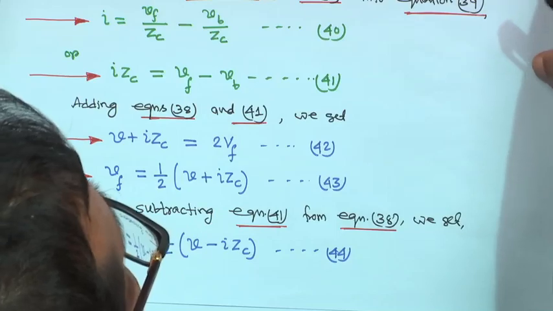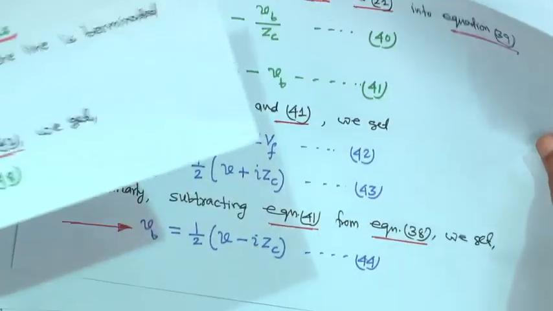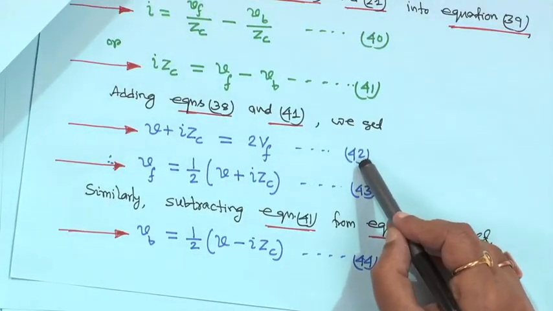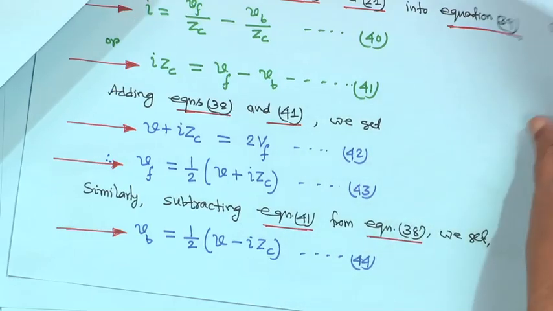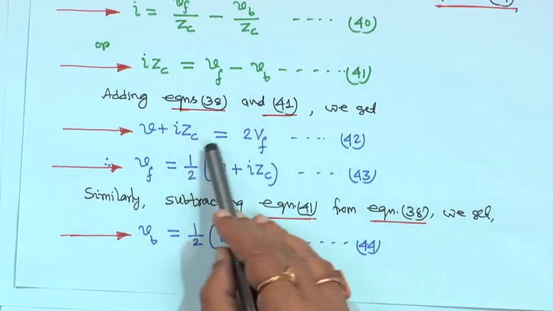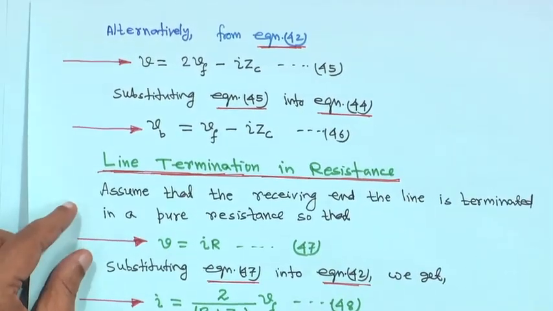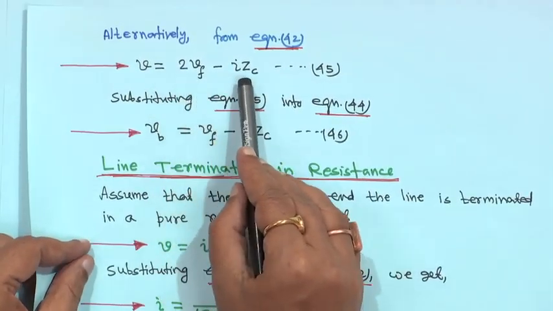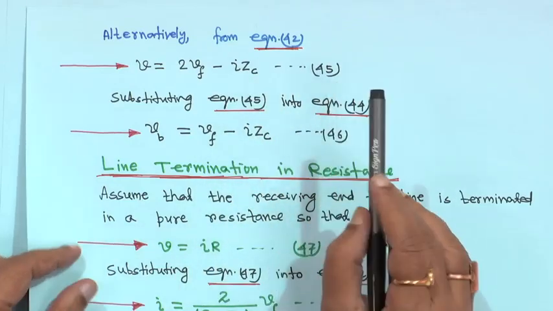Alternatively, from equation 42 you can write V is equal to 2 Vf minus I Zc. This is equation 45.